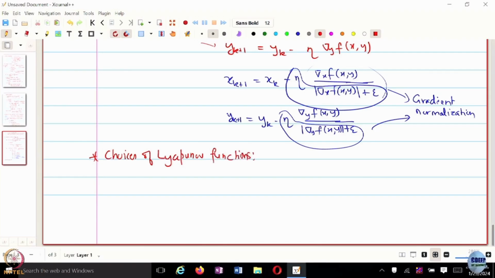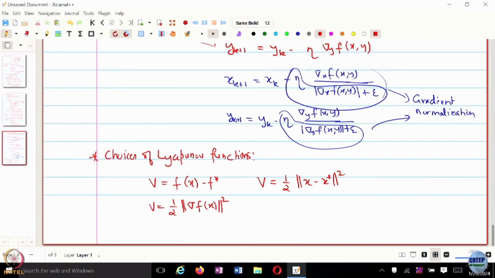Again, we are looking at it in the context of optimization algorithms being mapped to dynamical systems. One of them can be f of x minus f star. Another that we have looked at extensively is this one, and in some texts or in some cases you may also find this to be useful. Right. So this is also a valid choice of Lyapunov function. Why? Because only at x equal to x star this is going to be 0, everywhere else it's going to be positive, right.